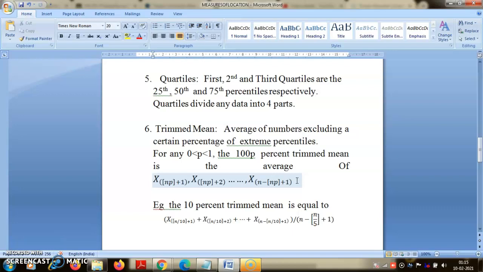You let go of the smallest and the largest n into p observations, and average out the rest. If I take the 10 percent trimmed mean, I sacrifice 10% of the data from both ends using the order statistics, and I am averaging the remaining 80% of the data contained between these two extreme percentiles.